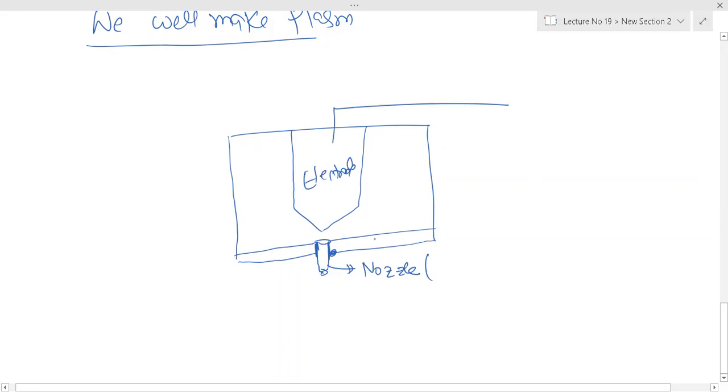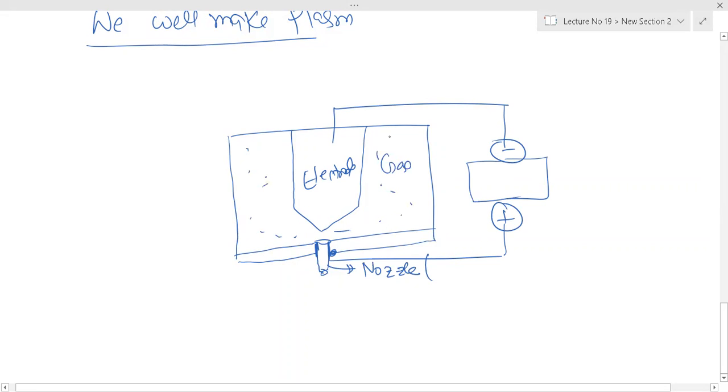So the electrode and nozzle will be connected with the power source, and this will be positive and this is negative. This is your power source, because as I said, electricity is needed, and we fill this entire chamber with gas. That gas may be hydrogen, maybe nitrogen, maybe oxygen, a diatomic gas.